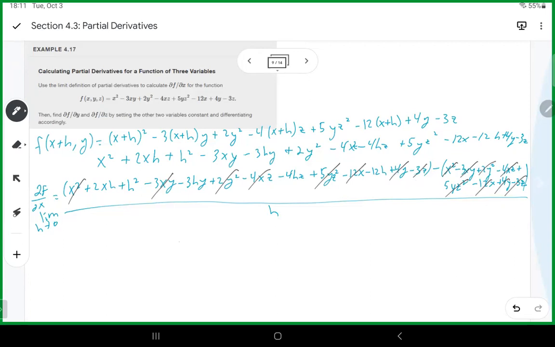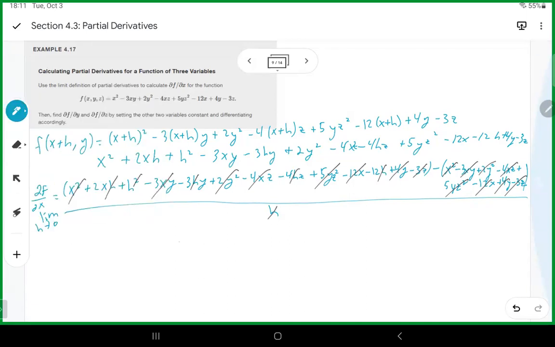I'm assuming at this point, is everyone okay if I also get rid of my h's now? We okay to combine those two steps? I think so, yeah. Cool. Okay.